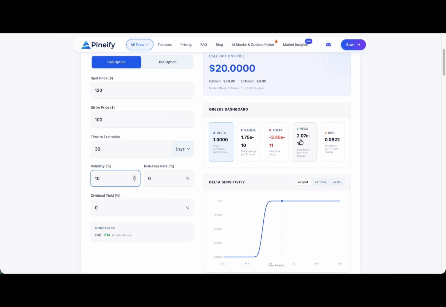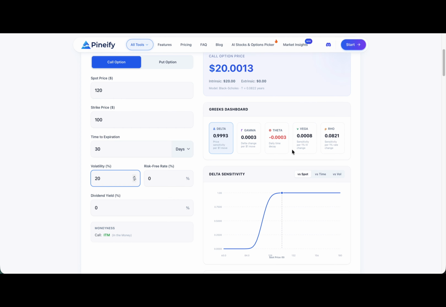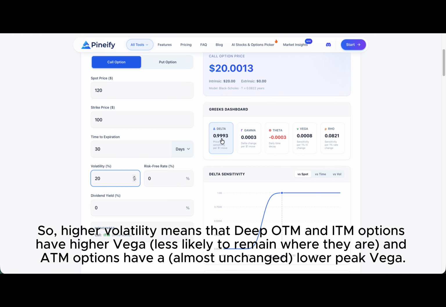Here it was basically 0, but now with an increased volatility, the Vega still has some effect. And why is that? Because volatility will still play a role in potentially taking this option away from in the money. And so that's why we have a slightly smaller delta and a slightly higher Vega.